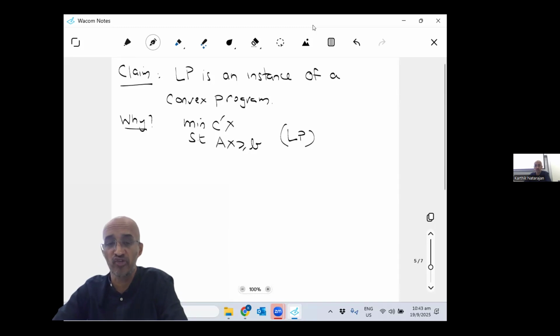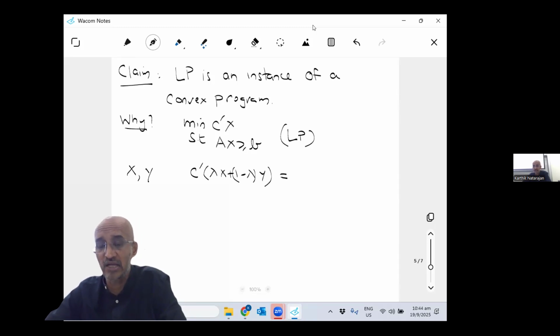What is the definition of convexity? You take 2 points x and y. You take the objective function c transpose of lambda x plus 1 minus lambda y. This is exactly c transpose lambda x plus c transpose 1 minus lambda y, which is exactly lambda times c transpose x, lambda is a scalar, plus 1 minus lambda times c transpose y.